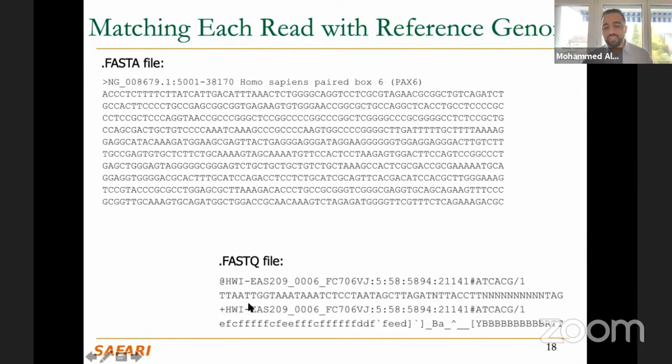The third line, just ignore it, it can be only a plus sign or a plus sign plus the ID. And the fourth line is the quality of every base in the read. The sequencing machine will tell you how confident it was when it was sequencing every base. These are ASCII codes. You can convert every character to an ASCII code, and that will give you the percentage of the confidence.